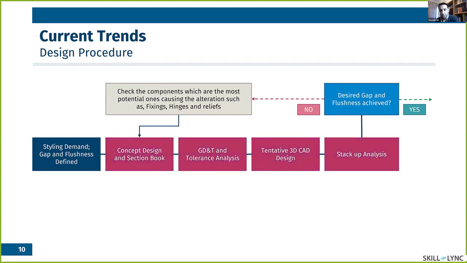And after doing the stack-up analysis again, we would ask whether we have achieved the desired gap and flushnesses or not. If yes, okay, we go through the detailed design.